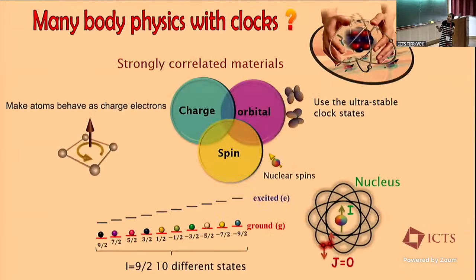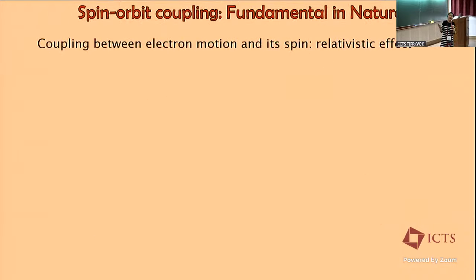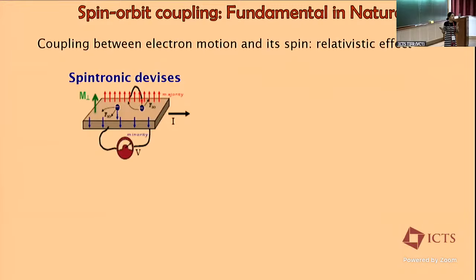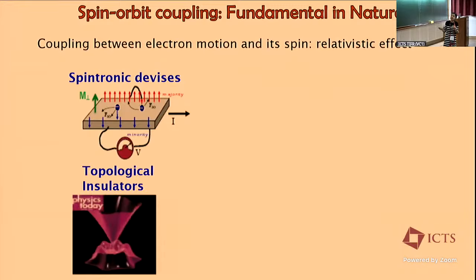In fact, spin-orbit coupling has been a very important effect that not only determines the atomic properties or the electronic structure of atoms, but, for example, in solid state materials, is very important for spintronic devices and even at the heart of topological insulators.